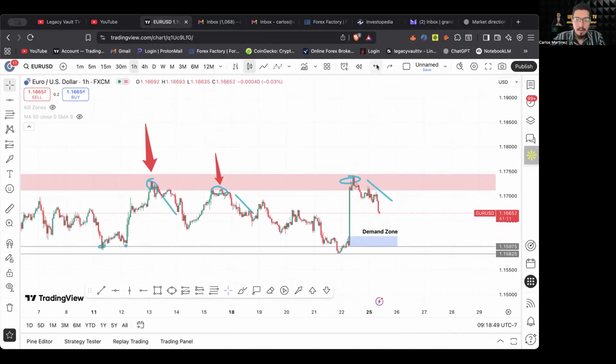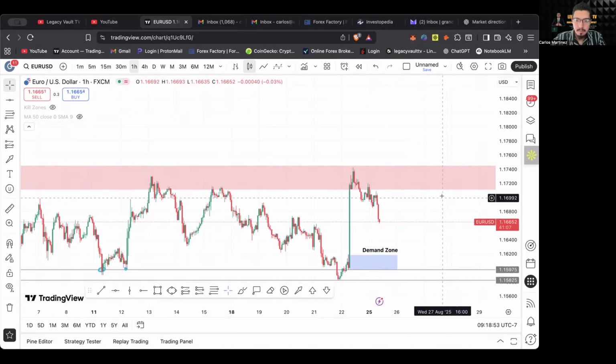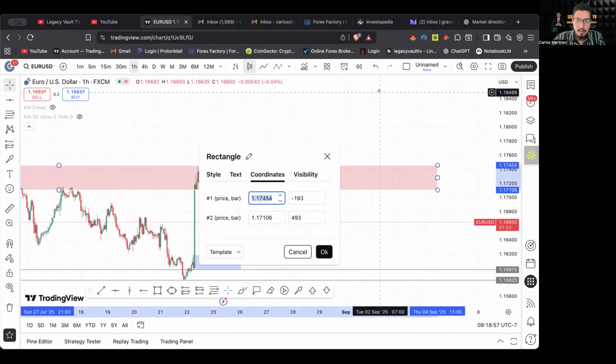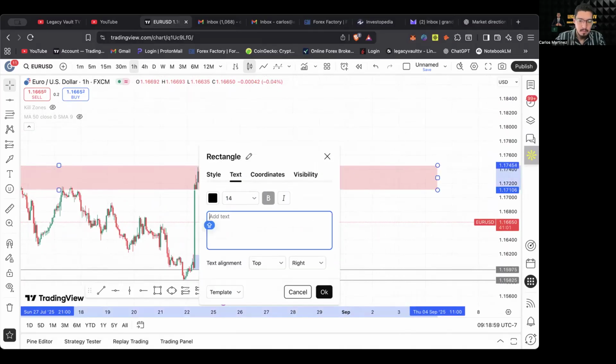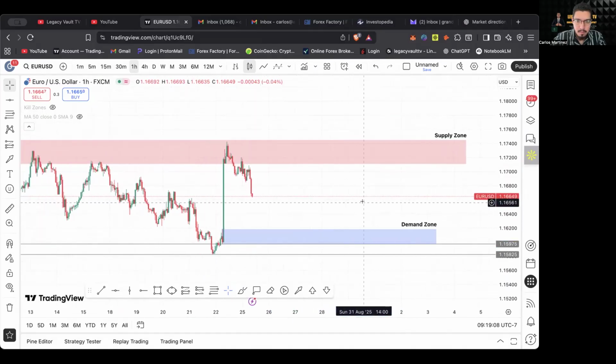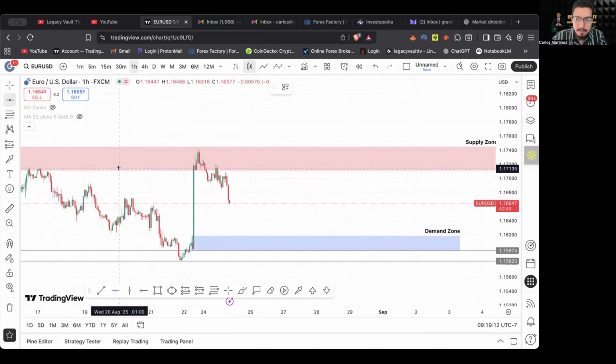Now this is considered a supply zone. We can also spot a resistance.